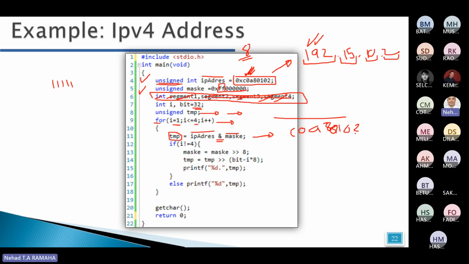This is the IP address, and the mask is FF.00.00.00. After converting this one into bits and this one into bits, and you make the AND operator, it means you will delete all these digits and the result will be only these two digits, which is C0, and all the rest will be 0.